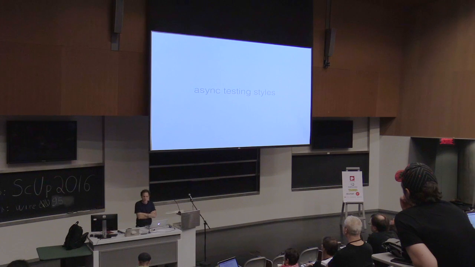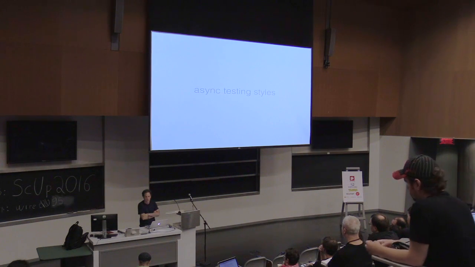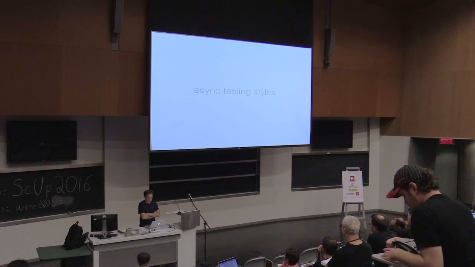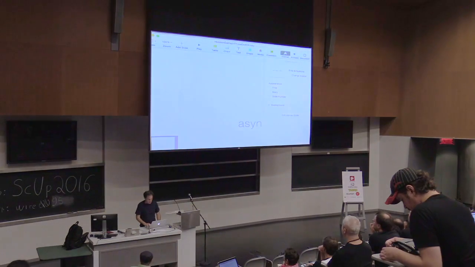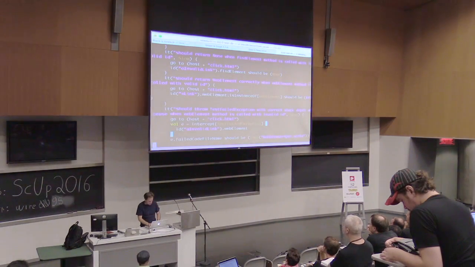And then the big one that I've talked about a lot, which is why I put it last, because I figured I wouldn't have time, is async testing. That was something required by JavaScript. It also works on the JVM. If you want to hear about it, look up one of my talks from earlier this year. It's a type of test where you give a future back to ScalaTest. I'll show you an example. It's not complicated.